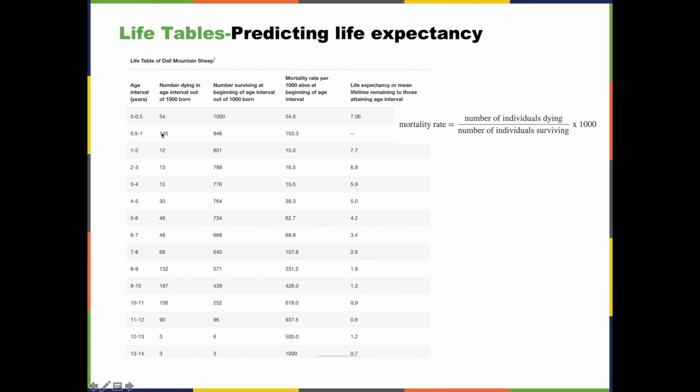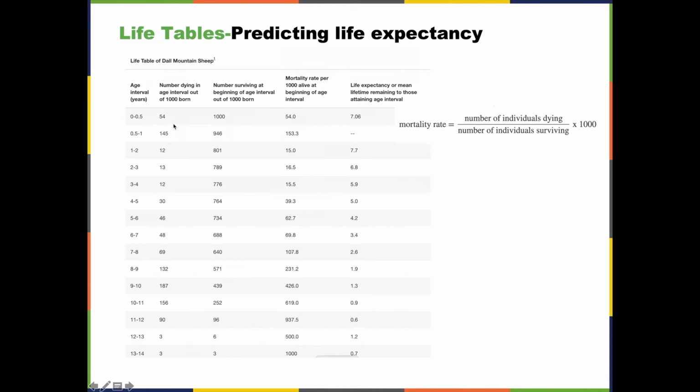The question to be asked is, what is the number of members of the population that die per 1,000? This quantitation is usually done per 1,000 born. So how many of the 1,000 that are born end up dying within the first 6 months? And then from that, mortality rate is calculated. The way you calculate mortality rate is by measuring the number of individuals that are dying, dividing by the number of individuals that are surviving, multiplied by 1,000.